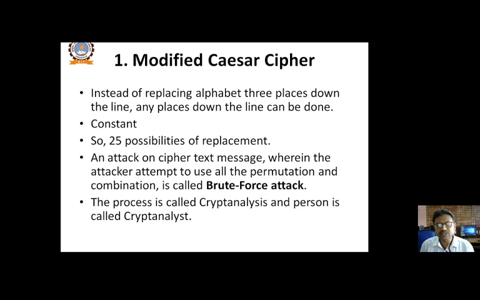So consider an attack on the ciphertext message wherein the attacker attempts to use all the permutations and combinations. The ciphertext is traveling on the network, and it can be trapped by any person sitting in between.